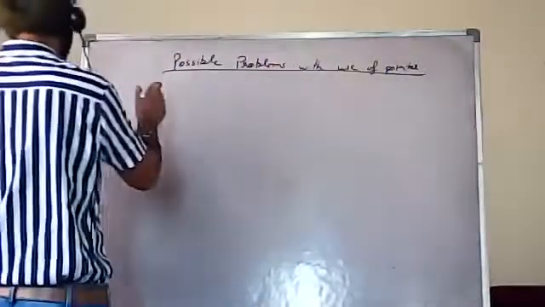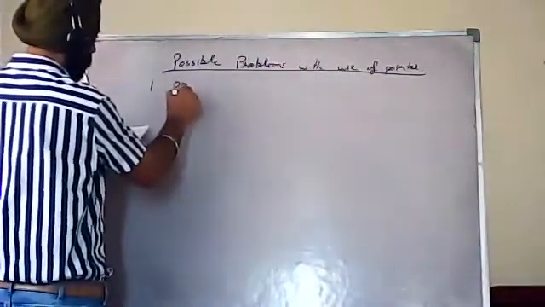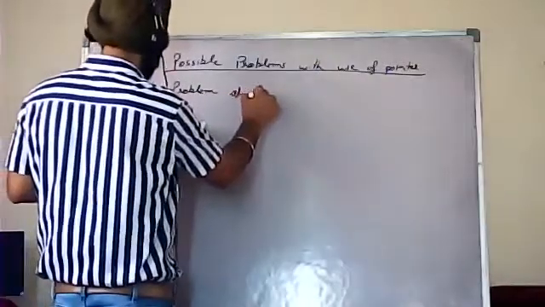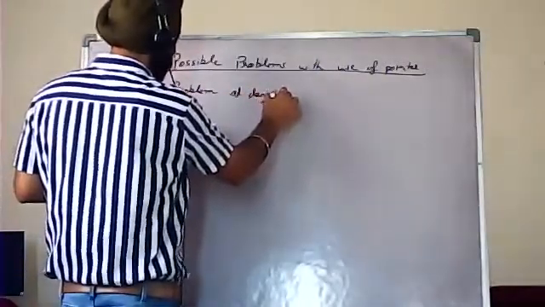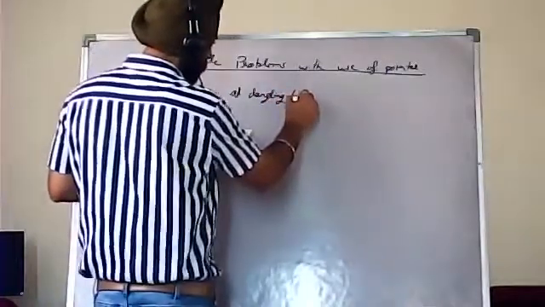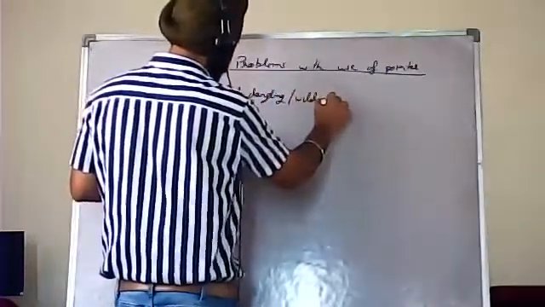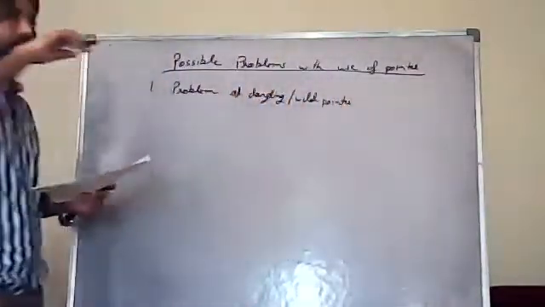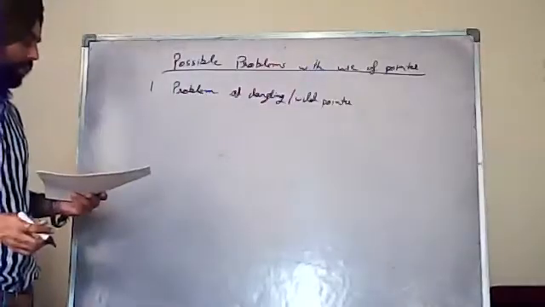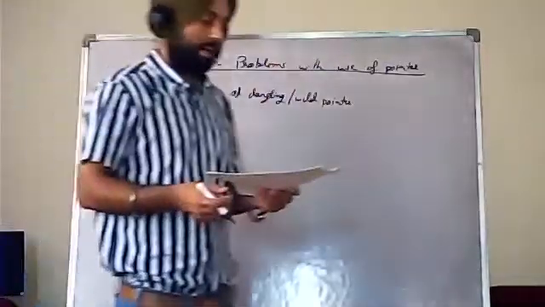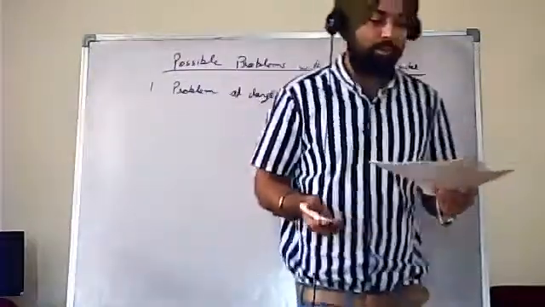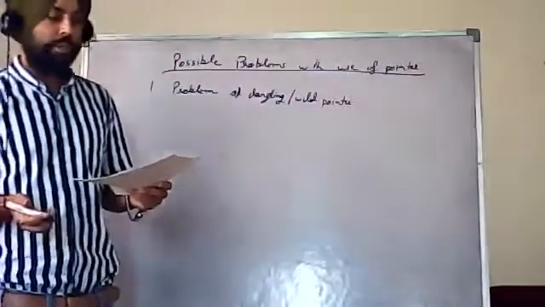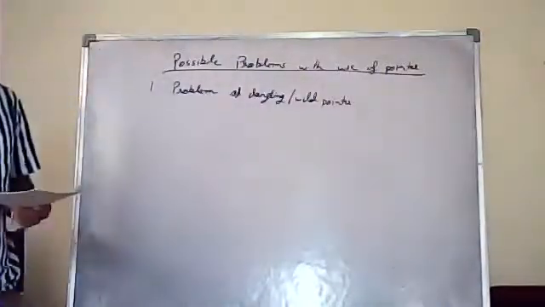The first problem that we face is the problem of dangling or wild pointer. This is our first problem related to pointer. The most common problem with pointer is that the program fails to initialize a pointer with a valid address.